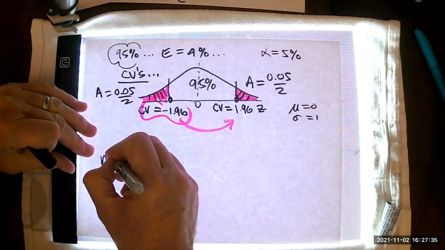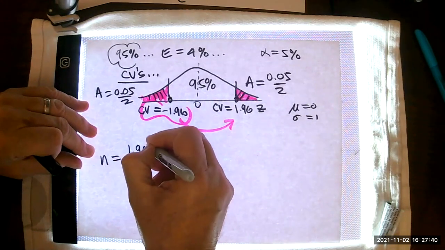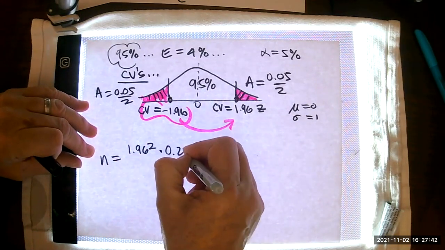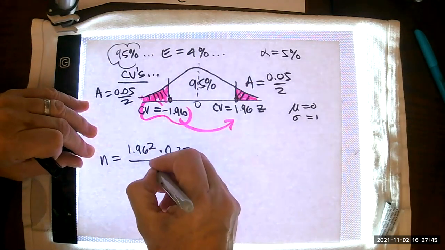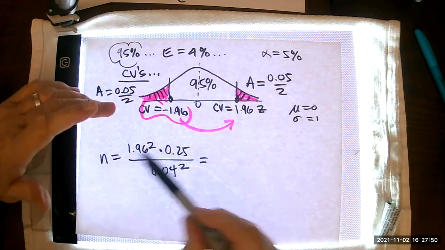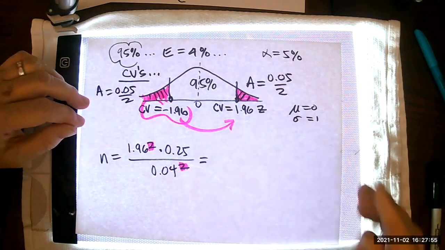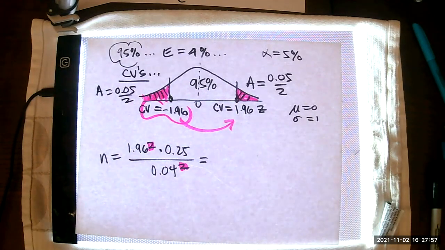So n equals 1.96 squared times 0.25 divided by my margin of error squared. You've got to remember to square the critical value and the margin of error. If you square a negative, it becomes positive. If you square a positive, it stays positive. It really doesn't matter which one you use, but if you use a negative, you got to appreciate the notation or you can end up in the wrong place.